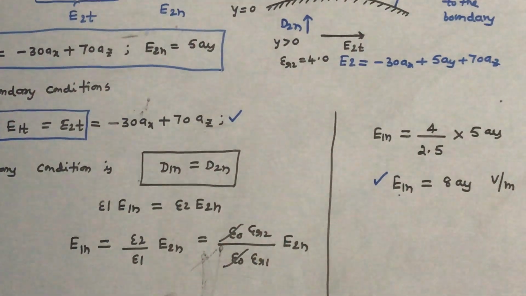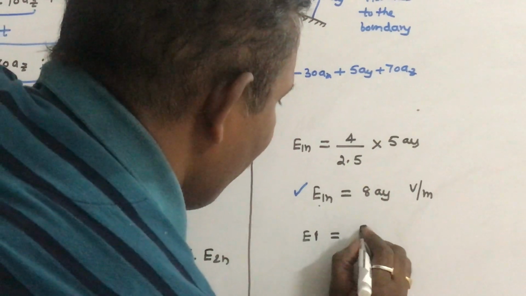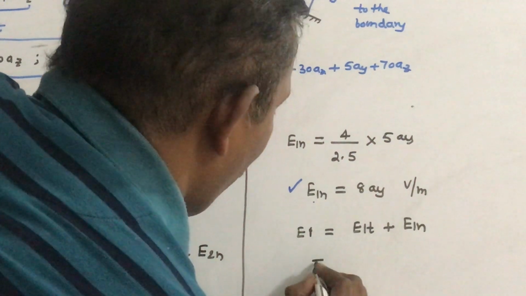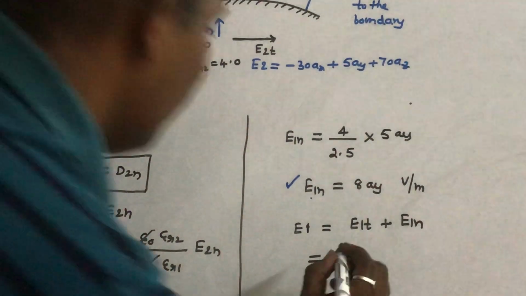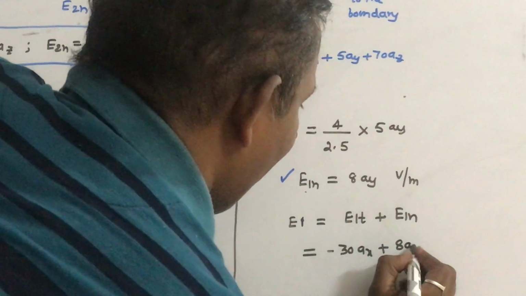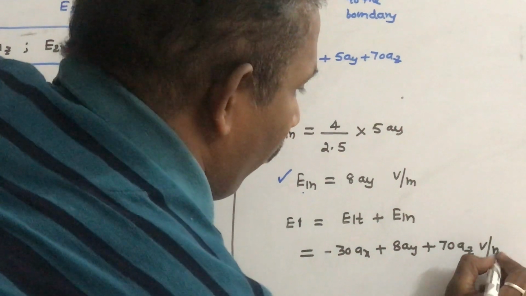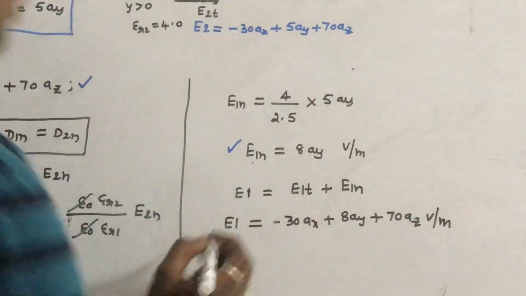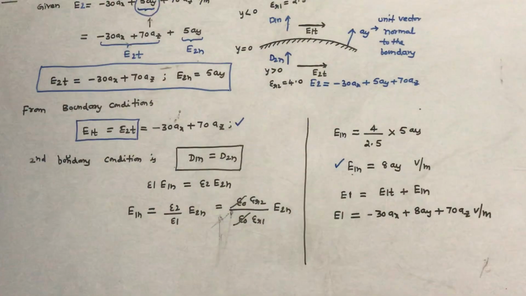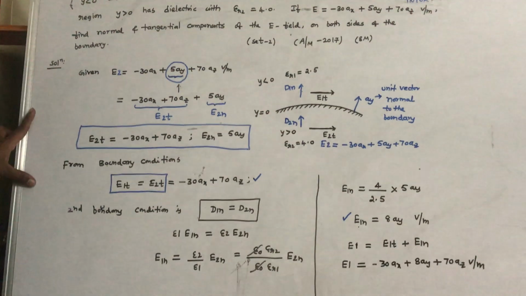Finally, E1 can be written as E1t plus E1n, which is minus 30 ax plus 8 ay plus 70 az volt per meter. This is the E1 in medium 1. This is the answer you have to write in the examination to get 8 marks. Very important problem. Thank you.